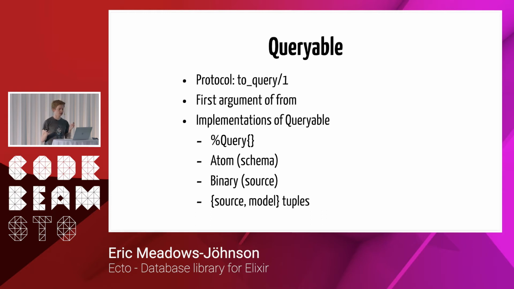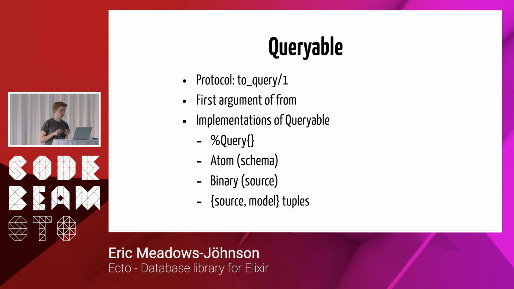So we talked about composing queries, and the composability of queries builds upon a protocol called Queryable. A Queryable has a function called to_query, which takes some value and converts it to something that we can query.